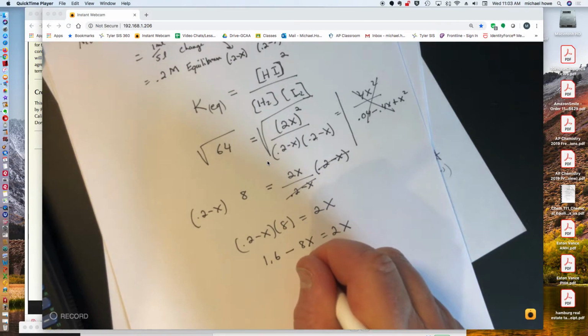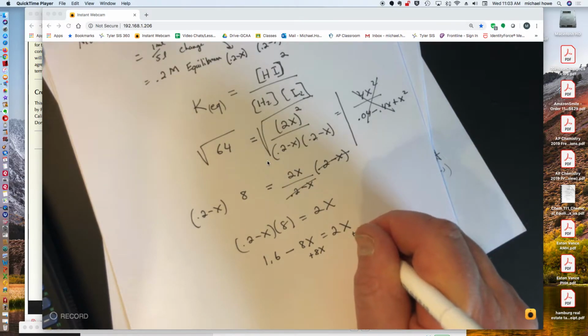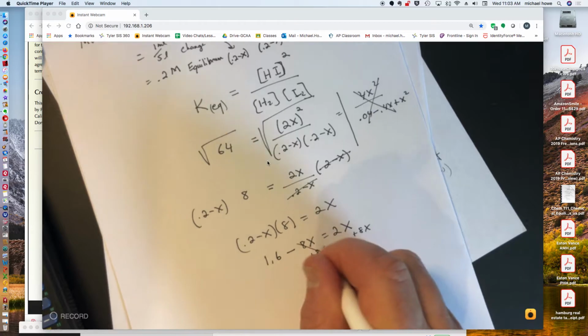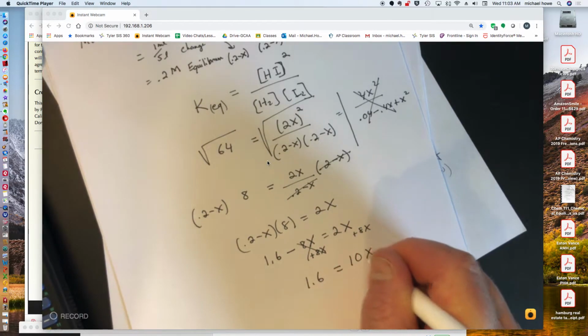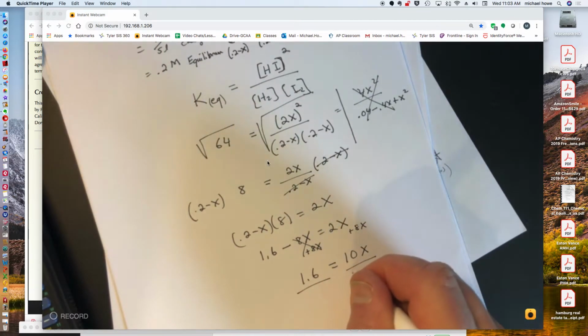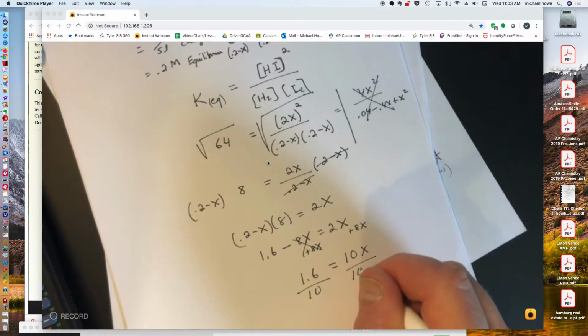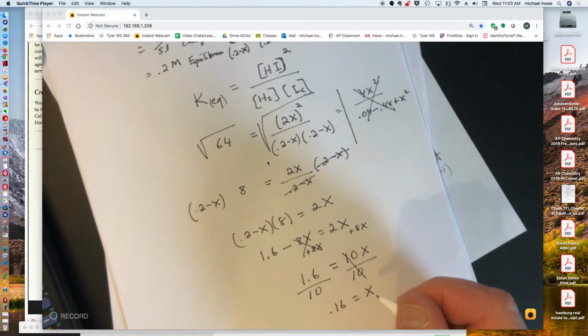Now we add 8x to both sides to get the x's all combined. So I end up with these canceling, and 1.6 is equal to 10x. Now to solve for x, final step, divide by 10. 1.6 divided by 10 is 0.16, and that is equal to x.